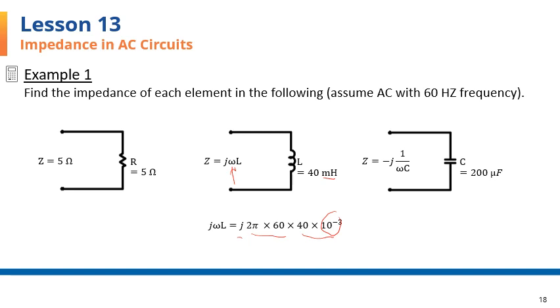And the result is going to be 15.08 ohms with a J in front, of course. J 15.08 ohms is the impedance of this inductor.